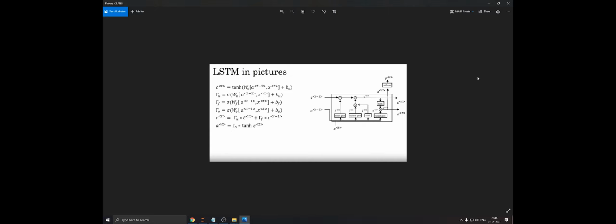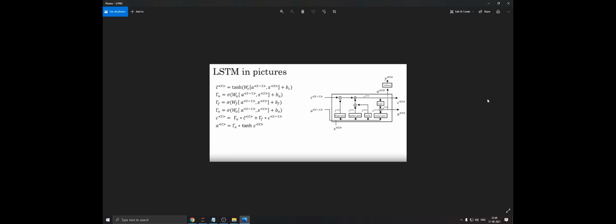Now let's talk about LSTM, or long short term memory. LSTM is kind of the same as GRUs or gated recurrent units, but they differ first of all in the number of gates. In LSTM we have 3 gates, and in GRUs we have 2 gates.